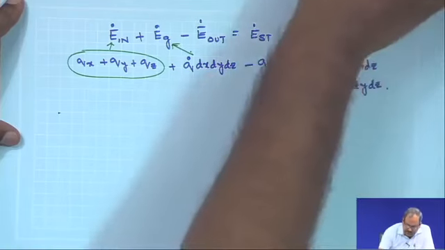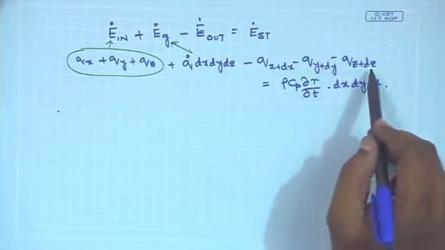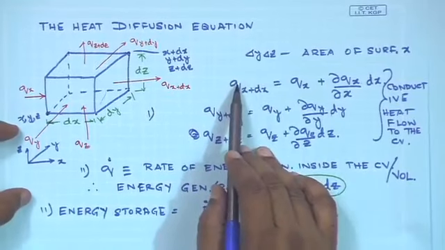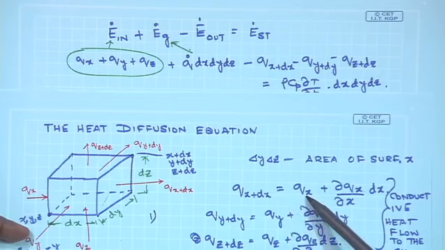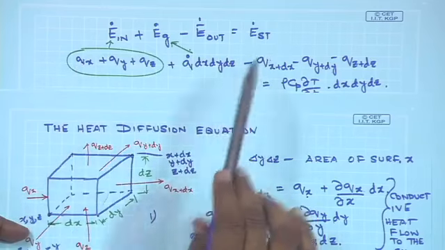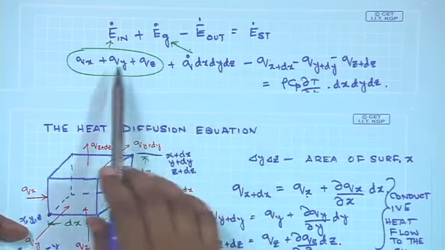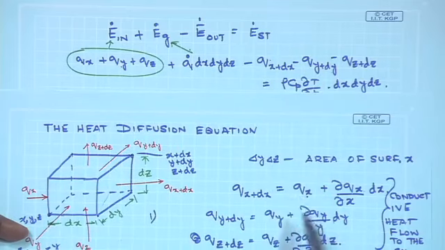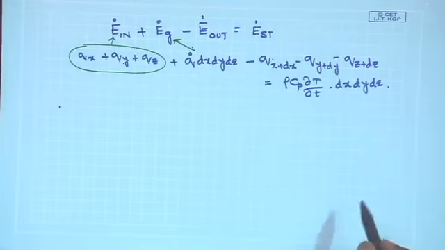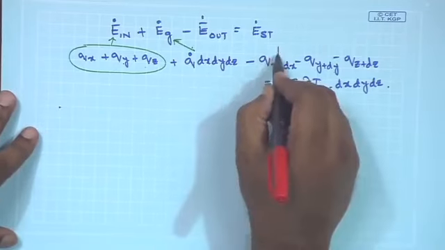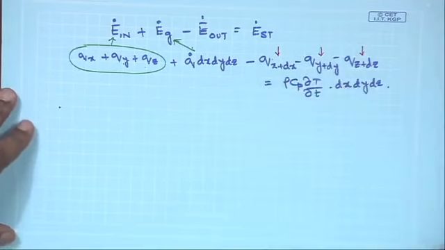So, this is the equation, and when I put in for Qx+dx, Qy+dy or Qz+dz, the Qx over here and the Qx over here would cancel out, and only one term will remain. Similarly, between Qy and Qy+dy this would cancel and only one term will remain, and same for Qz.